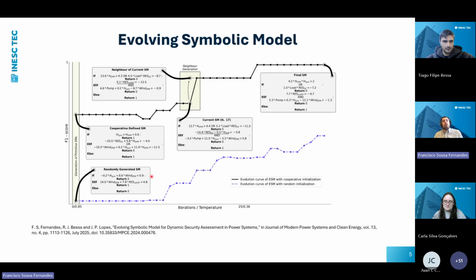But the main idea of the methodology is to pick models like these that a human can write or that can be randomly generated, and the methodology will evolve this through exploration, and it will end up with a model that still is interpretable, but that has a much higher accuracy at performing the task at hand. Okay, so this is the main goal.